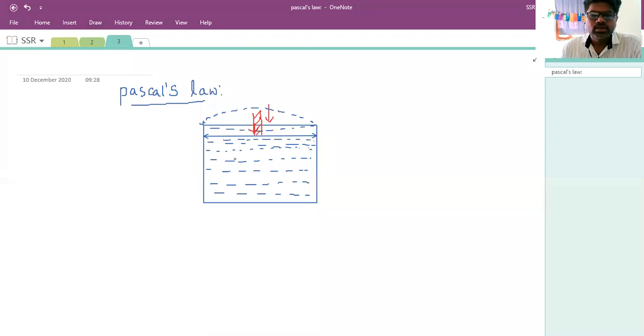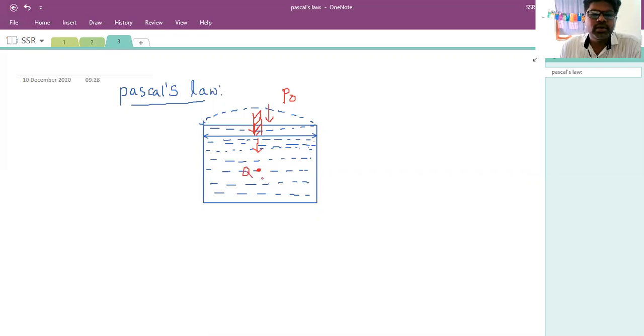Here the force is acting vertically downwards. Now in that case, the piston is pressing all the liquid. Suppose outside pressure we have P naught. Suppose at a point Q here.